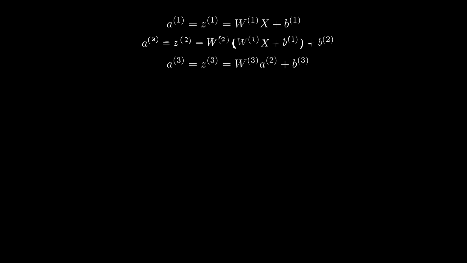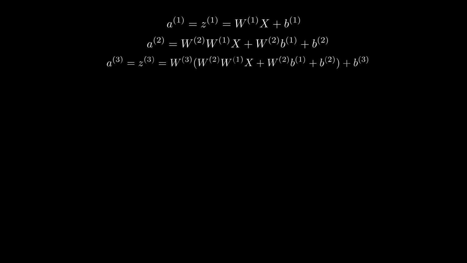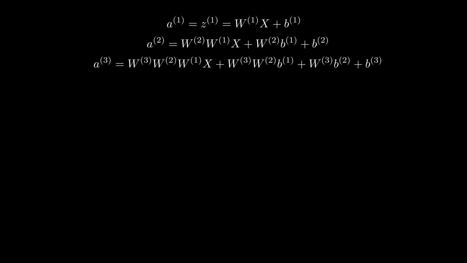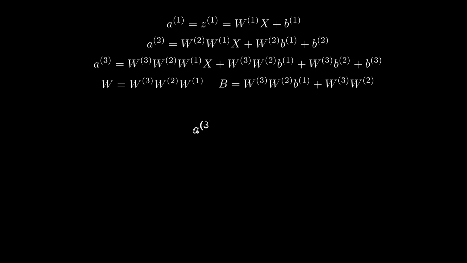If we repeat this process, what we end up with is a nasty looking operation. So let's define capital W as well as capital B. And we see that what we got is just a linear regression. Without an activation function, the network isn't capable of learning nonlinear relationships.